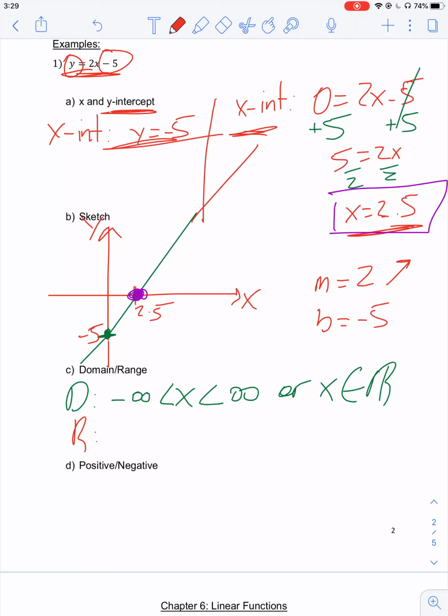Remember, range is expressed in terms of y, so y is less than positive infinity, or you can just say that y belongs to all real numbers. So domain and range will always be all real numbers for linear functions, but don't just put that, ask yourself why.